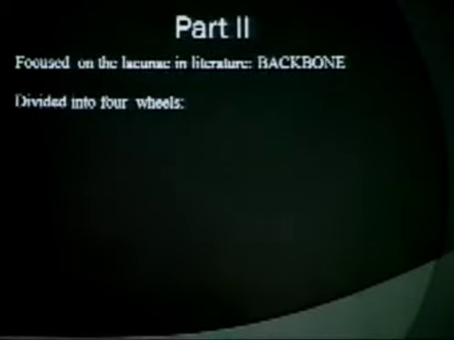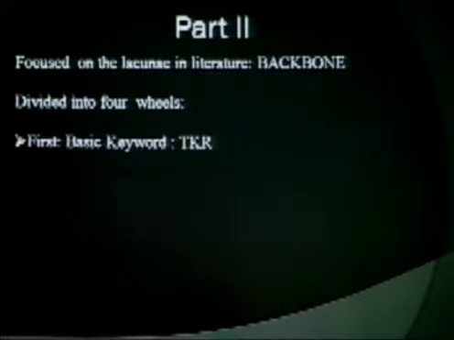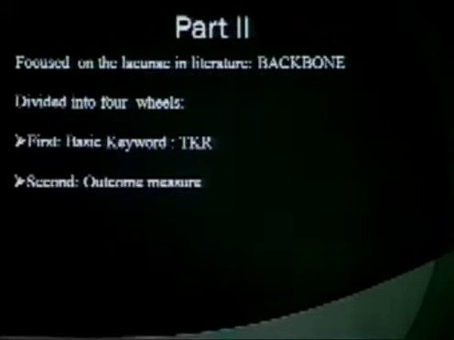Part 2, as I said, is based on your keywords. We had already identified 4 keywords, and depending on that, we are going to write. So the first part of the second paragraph of the introduction is the broadest keyword we use, that is the TKR, that is the disease. Second, we have taken the outcome measure.